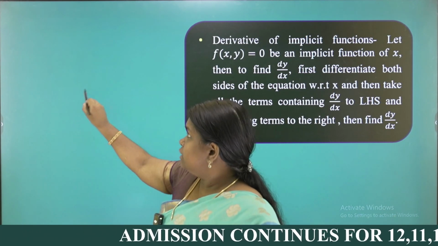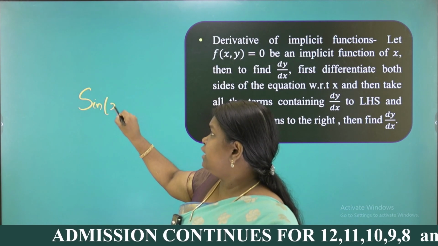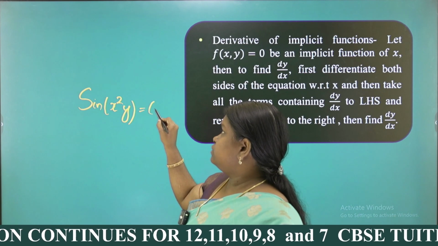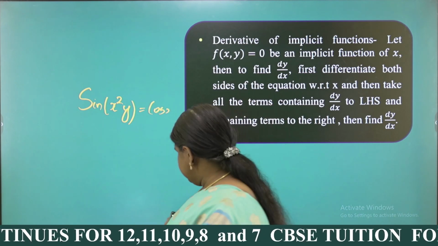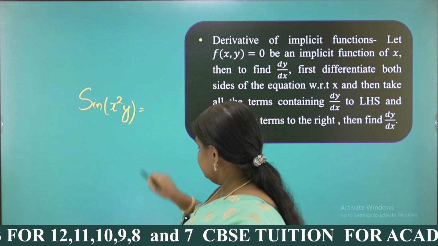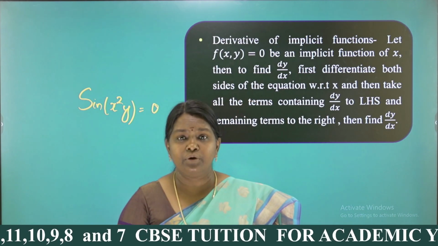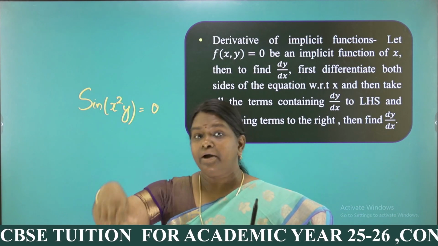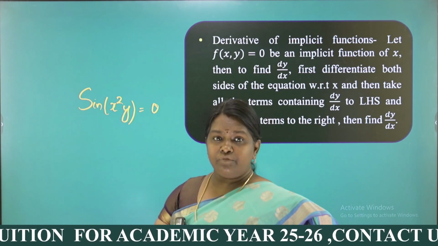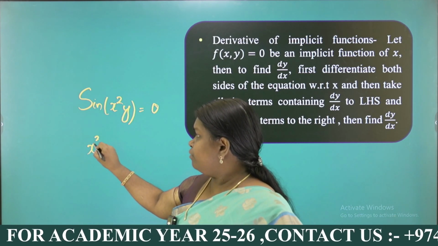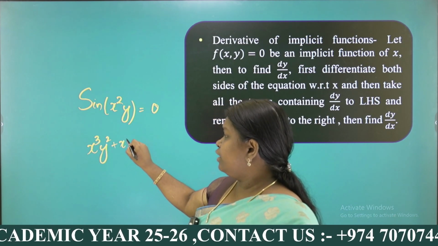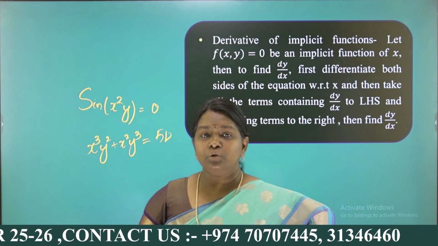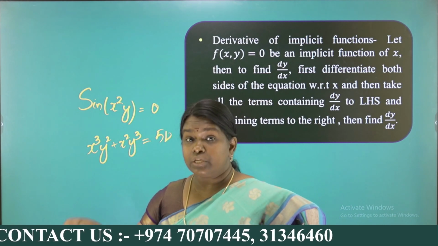For example, if you are given sine of x square y equal to 0, here it is f of x y equal to 0. Or x cube y square plus x square into y cube equal to 50. This is also f of x y equal to 0, an implicit function.